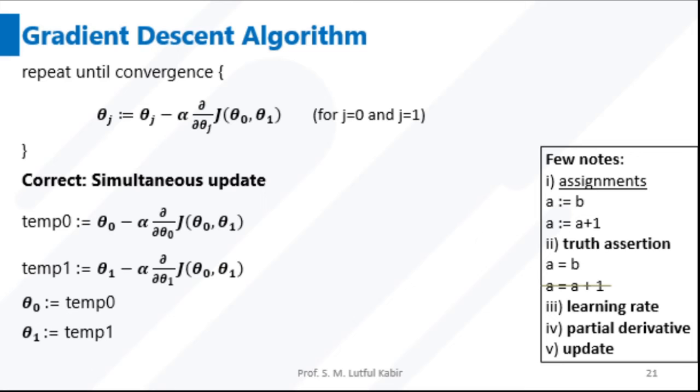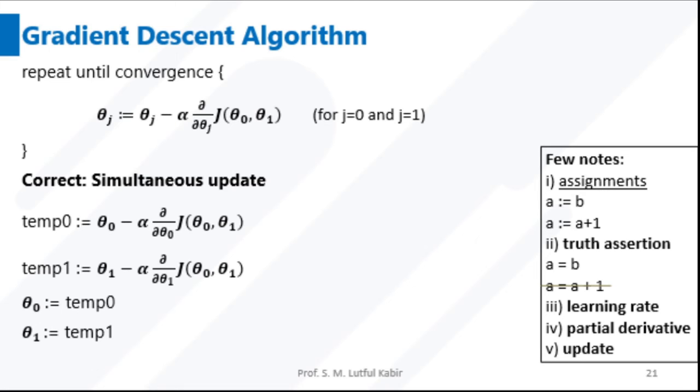The last point is you want to simultaneously update theta 0 and theta 1. And this is a correct implementation of simultaneous update. The new values of theta 0 and theta 1 are taken into temporary variables temp0 and temp1, and finally theta 0 and theta 1 are replaced by those temp0 and temp1.